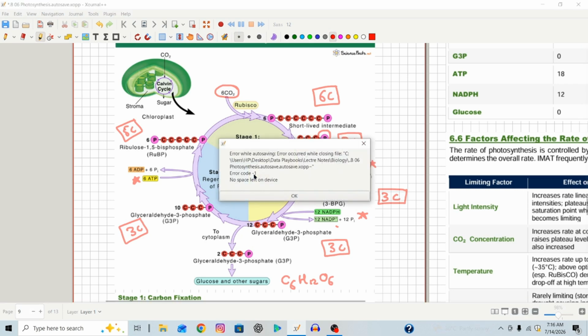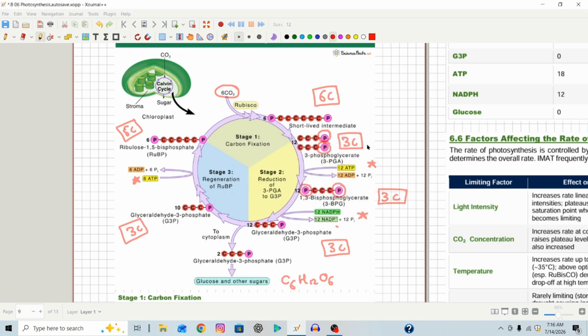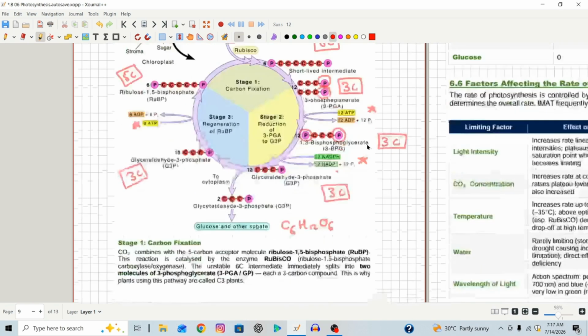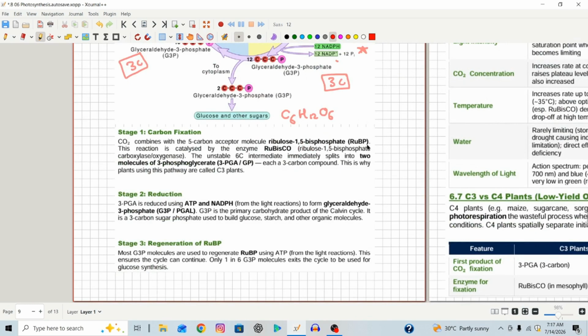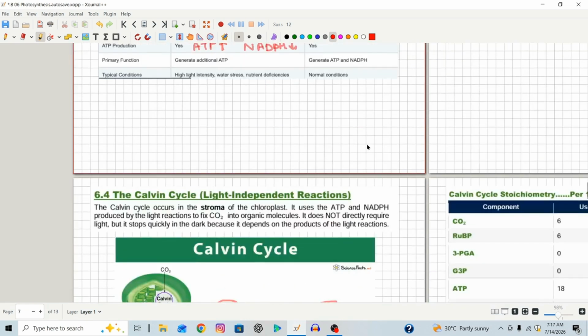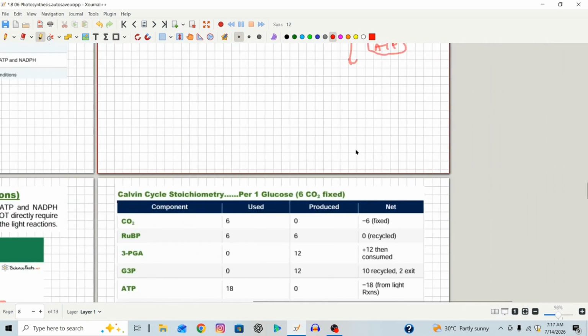So that's why NADPH was oxidized and it is the reducing agent, while 1,3-bisphosphoglycerate was reduced and it is the oxidizing agent. So that was all about the Calvin cycle. You can take a screenshot of the processes that happen in the 3 stages. Now let's move on to the stoichiometry of the Calvin cycle.